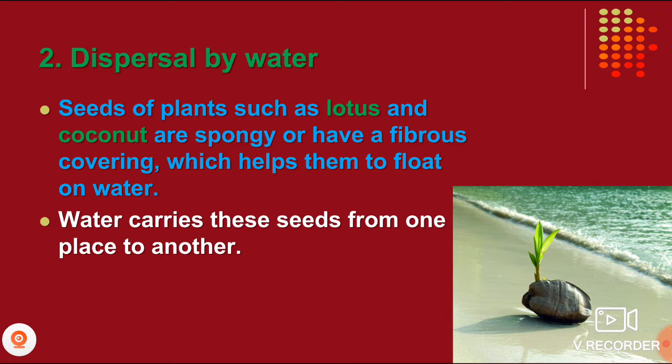You can observe how the coconut has a hairy structure on it, and how this fibrous material makes it light to float on the water. That structure is very helpful in floating on the water. In that way water helps in dispersal of these kinds of seeds. So this is another way of dispersal, by water.